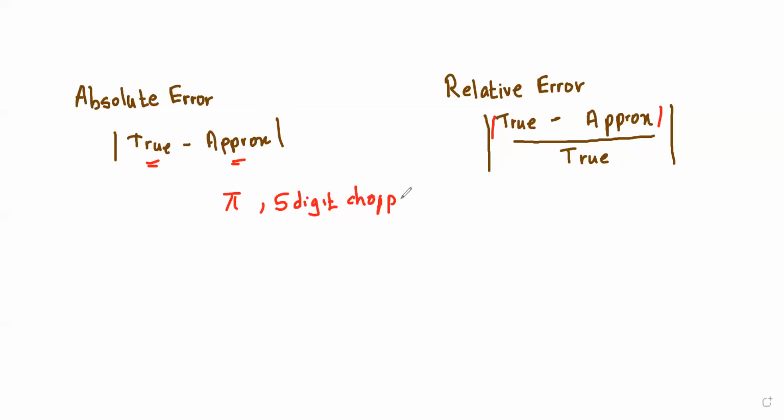What they are asking is that we find the approximation of 5-digit chopping of pi, and after that calculate the absolute error as well as the relative error. For this purpose, we first need the value of pi, otherwise we can't chop it. You can use your calculator or Google.